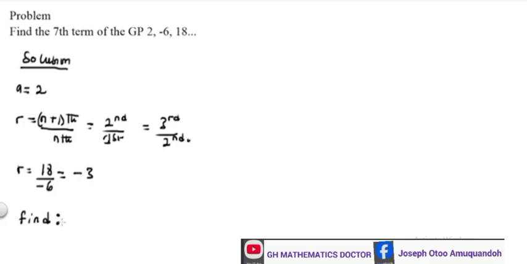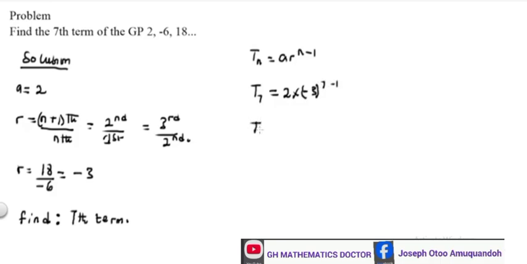So we are finding the t term, and the term given in the question is the 7th. So use the formula t of n equals a r exponent n minus 1, and t of 7 is now equal to a, which is 2, so 2 times negative 3 in brackets, exponent 7 minus 1.